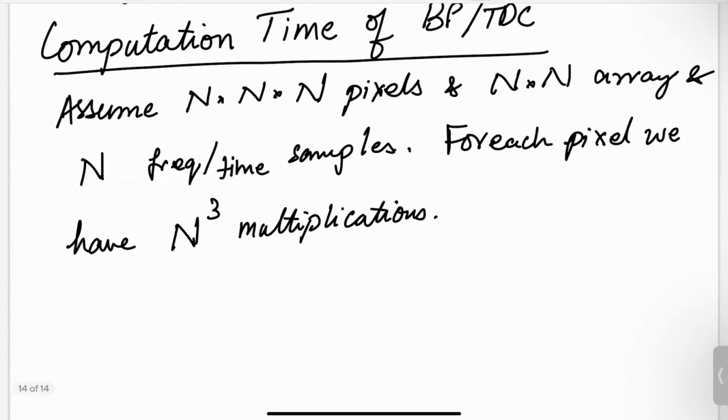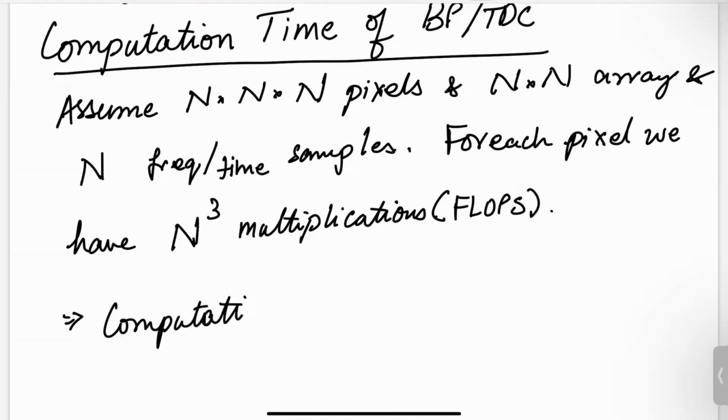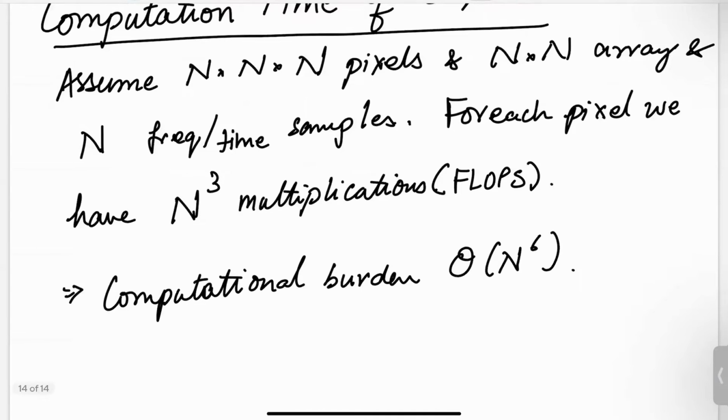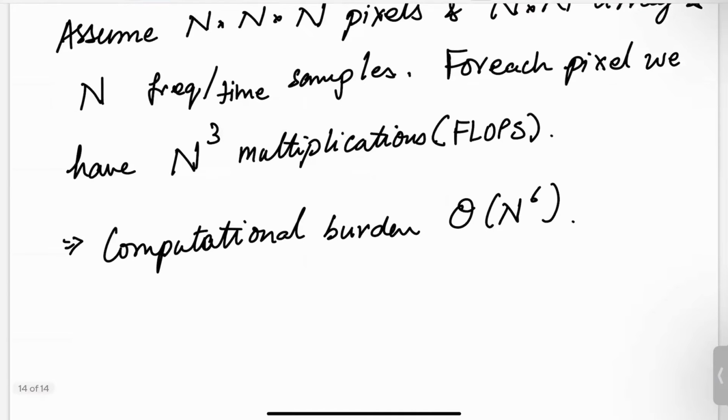Or flops, I suppose, if you want to get really technical, right? And we have n cube pixels as well. So that implies the computational burden of these algorithms is on the order of n to the 6th, right? Because it's n cubed for each pixel, and you have n cube pixels. So total for 3D imaging, that's n to the 6th.